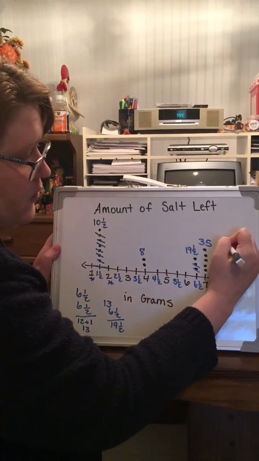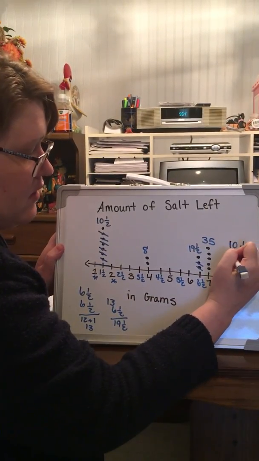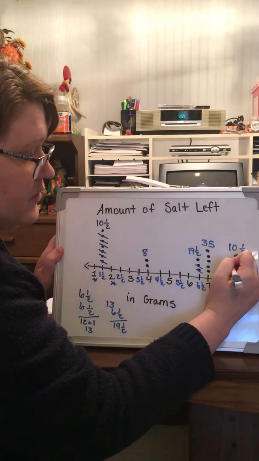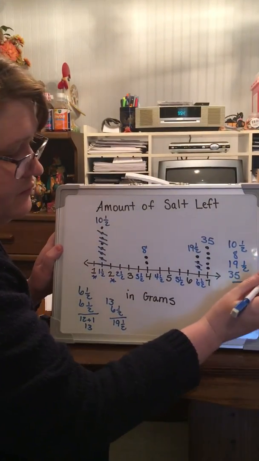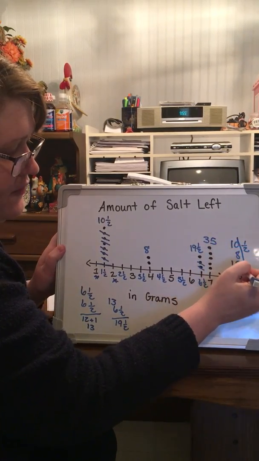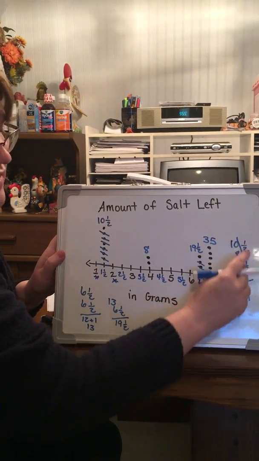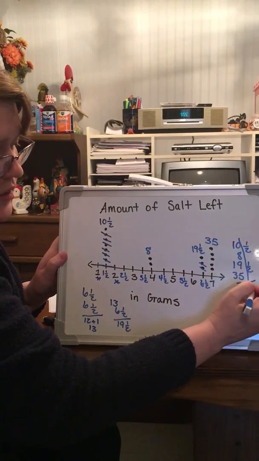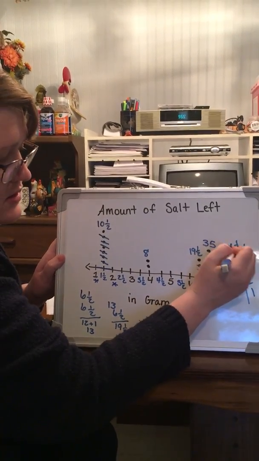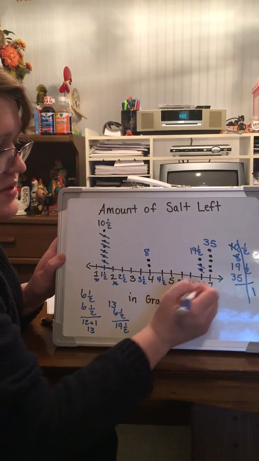Well, let's do that. We're going to add 10 1/2 plus 8 plus 19 1/2 plus 35. Remember, when we add fractions, we keep that over there separated from the other side. So what's 1/2 plus 1/2? It's 1. Well, 10 plus 8 equals 18.